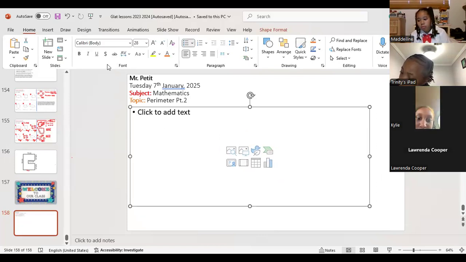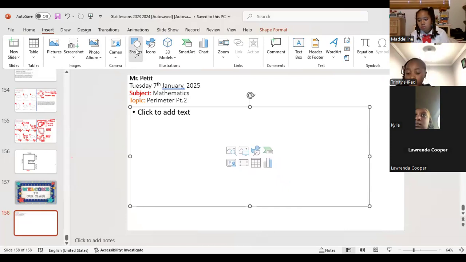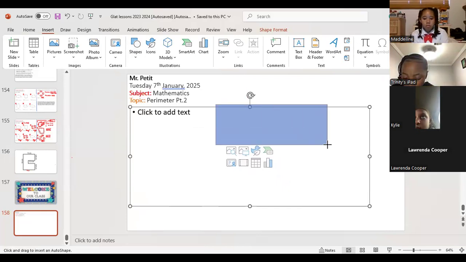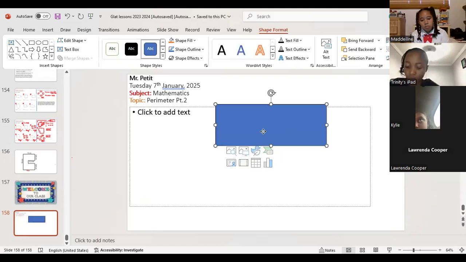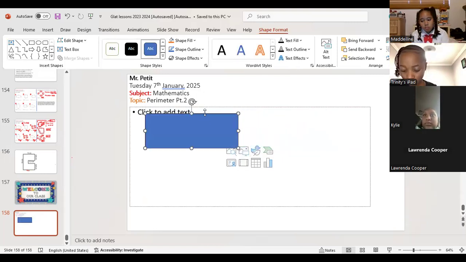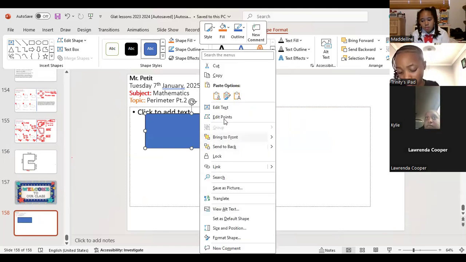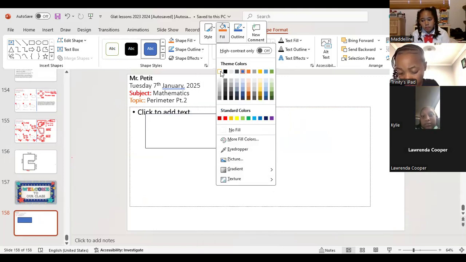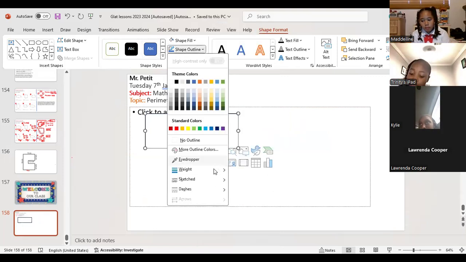So let's say, for example, we have this shape, and say we have this shape here. We're gonna do it twice, so I'm gonna put it on this side. And let's say, let me fill it with nothing and give it a good outline.